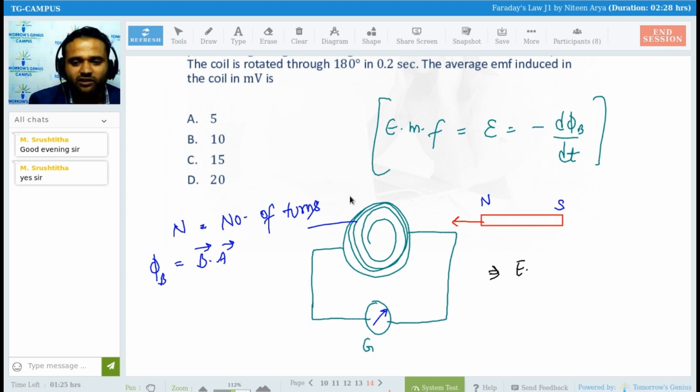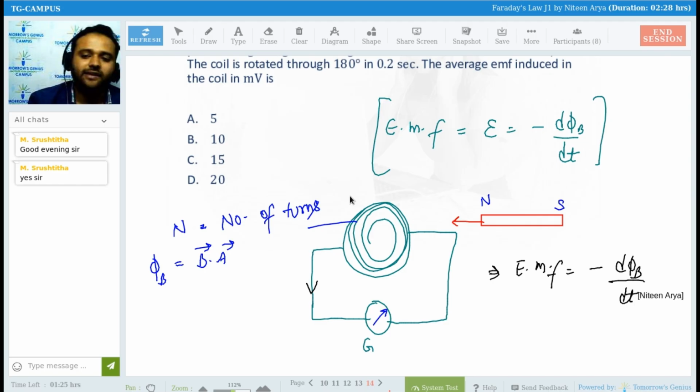What we get here is either EMF, voltage, or current. When we get a current, we get EMF, the electromotive force, which is minus d phi by dt. Why this negative sign appears, we are going to discuss in Lenz's law.